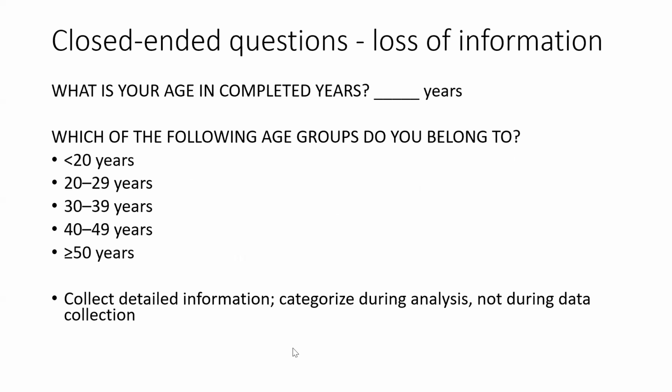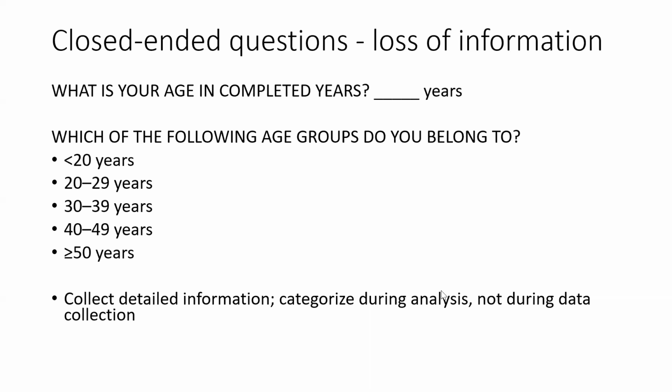I've already mentioned closed-ended questions and their limitation of loss of information. Here is an example where you ask, what is your age in completed years? as an open-ended question. Some of you may prefer to ask it as age groups, as categories.